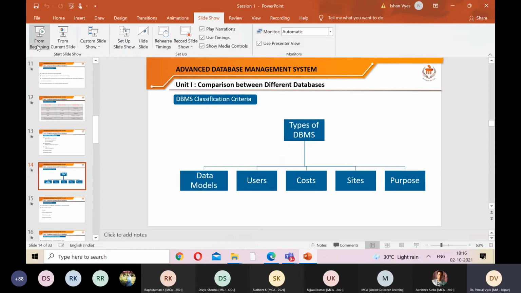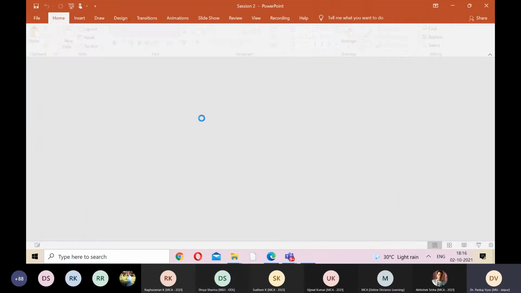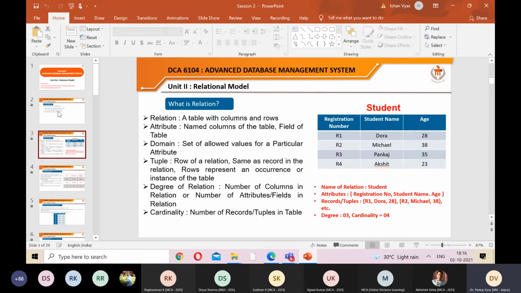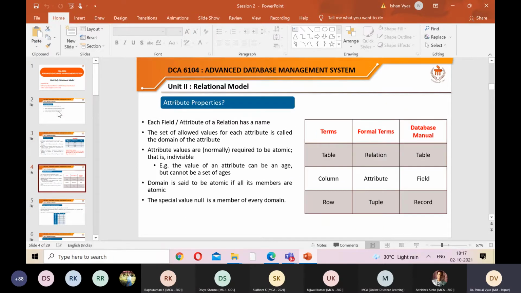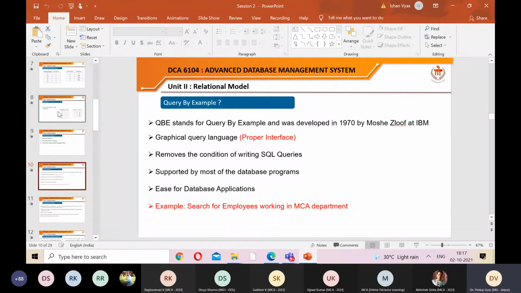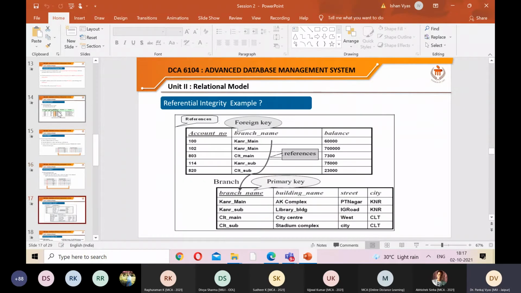Okay. Now, in unit 2, if you remember, we have talked about SQL statements. That's the relational model. Here we have to focus on primary keys, foreign keys, candidate keys, clear, super key. What is a super key? All these concepts have been discussed. What are SQL statements? Clear. You remember, look at all the examples, referential integrity, all things you have to understand.